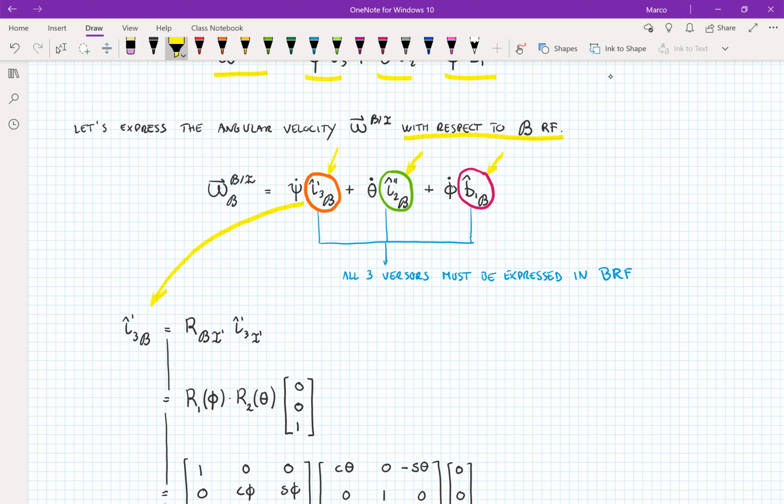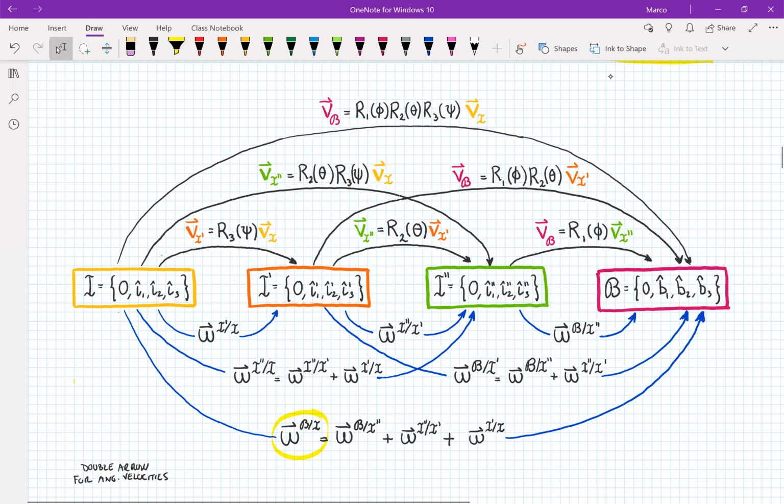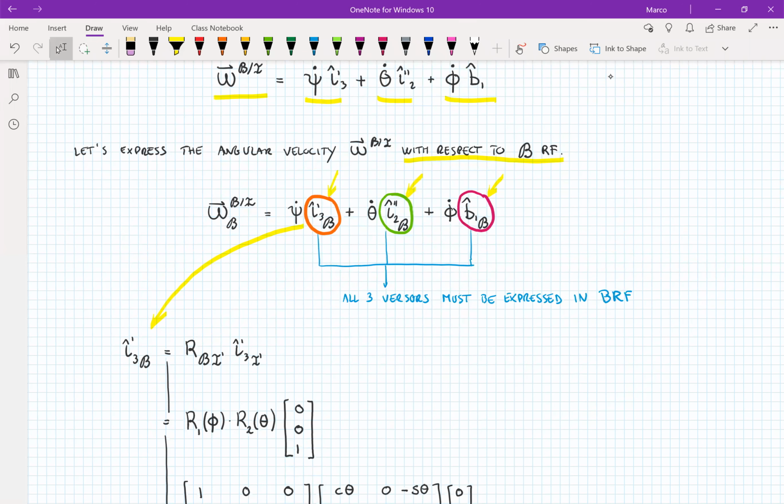And how do you change coordinates? Well, you use these relationships over here, and you find which rotation matrices you have to use to switch from one coordinate system to another. So in this first case, we have I3 in the I prime reference frame, over here. And we want to find the same vector, but expressed in the body frame of reference.